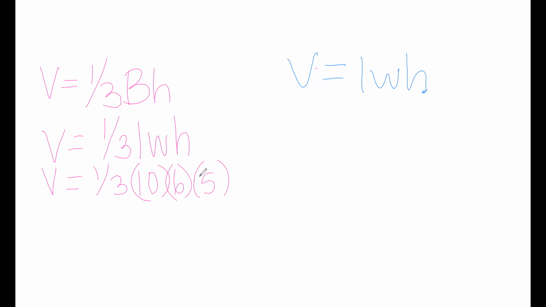So you're going to say the 10 times the 6 times the 5. If you were doing the base times the height, then you're just translating it as 60 because you already figured out the base, and then you're doing the height. So it's going to come out to being the same amount because when you do this length times width times height, you're going to say 10 times 6 is 60 times 5 anyway, right? So these two things are the same thing.